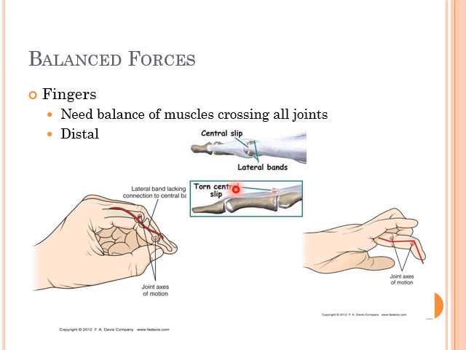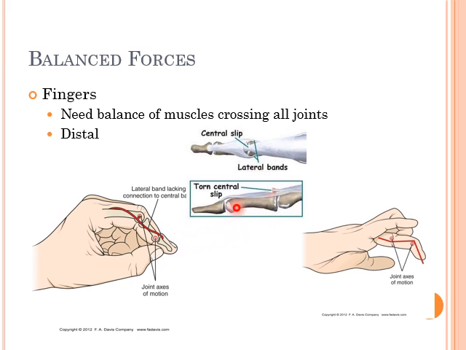Here's the extensor digitorum, and this is another picture showing that. There are two different slips on that long finger extensor that goes up the back of your fingers: a central slip and lateral bands. The lateral bands go up past the DIP, so they get extension at the DIP. The central slip is responsible for extending the PIP.